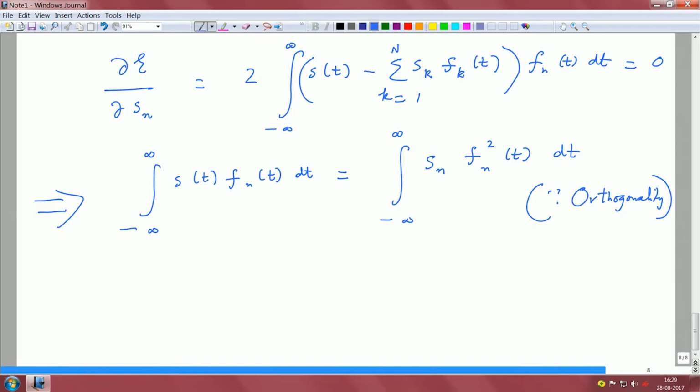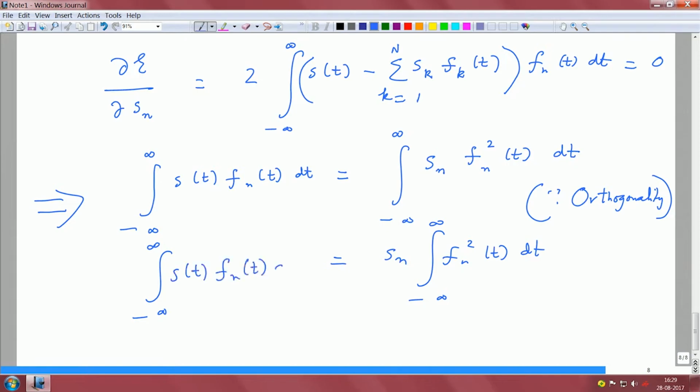If these signals are orthogonal, then this is S n times the integral of F n square dt. But now if you want them to be orthonormal, right, this beast is just going to be F n square dt, and this could be 1, because of orthonormality.